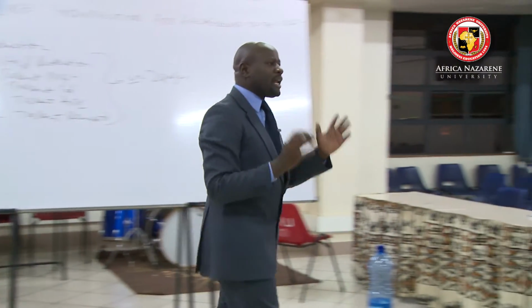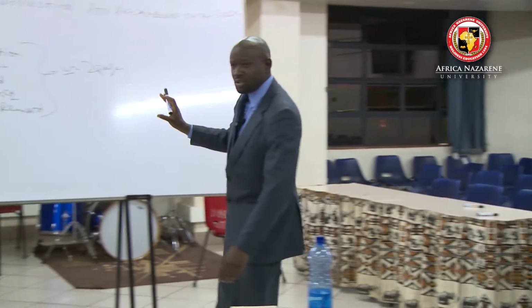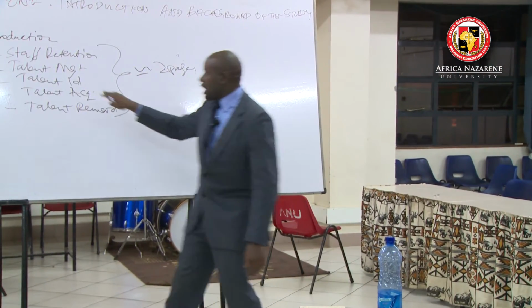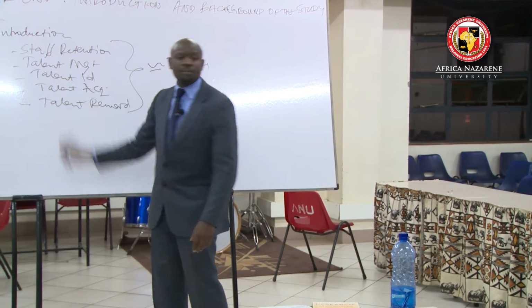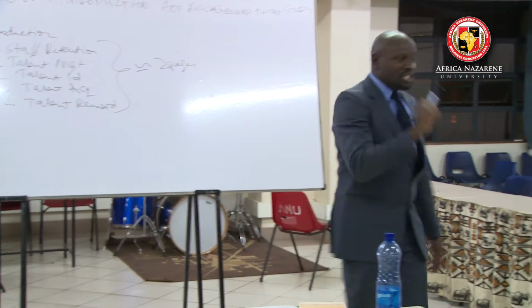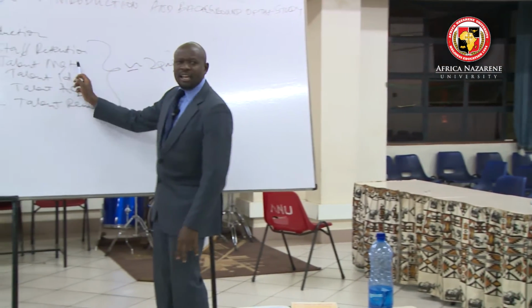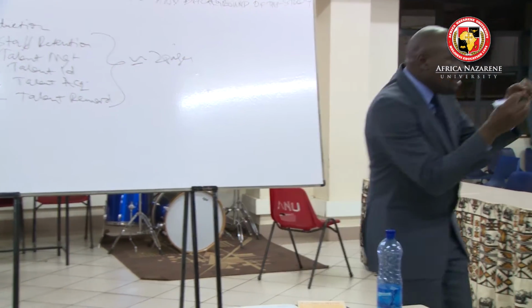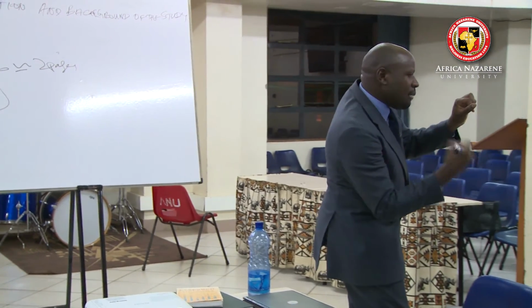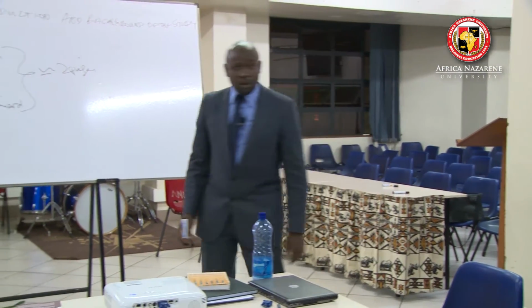I've already spoken about that, so I'm not going to waste more time talking about how you'll be writing. But one thing I will advise you, even as you are writing about each one of them, create a small outline of what you want to say about talent management. You get the point?